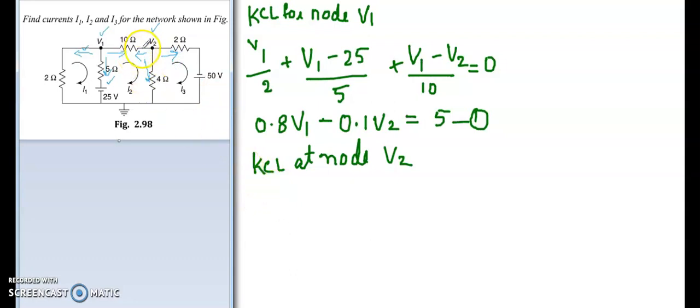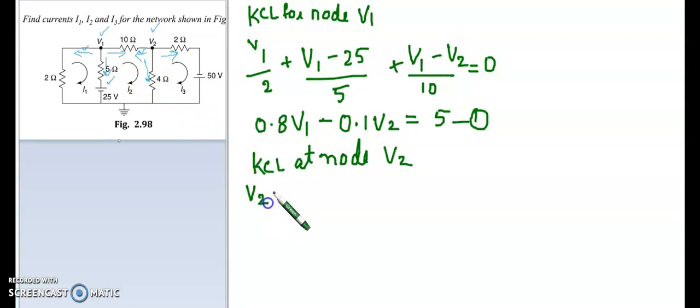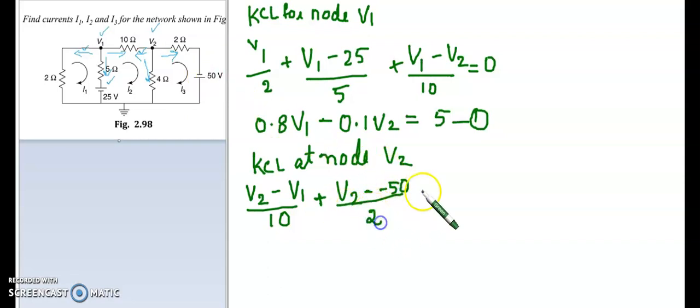First, this current, that is V2 minus V1 by 10 plus V2 minus 50. See, the potential of this voltage source is given as minus plus. So, we have to write minus 50 by 2 plus V2 by 4 is equal to 0.